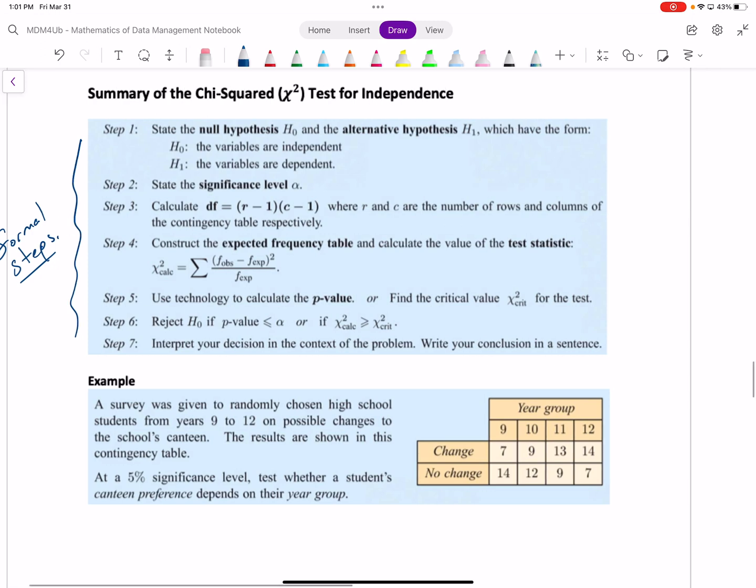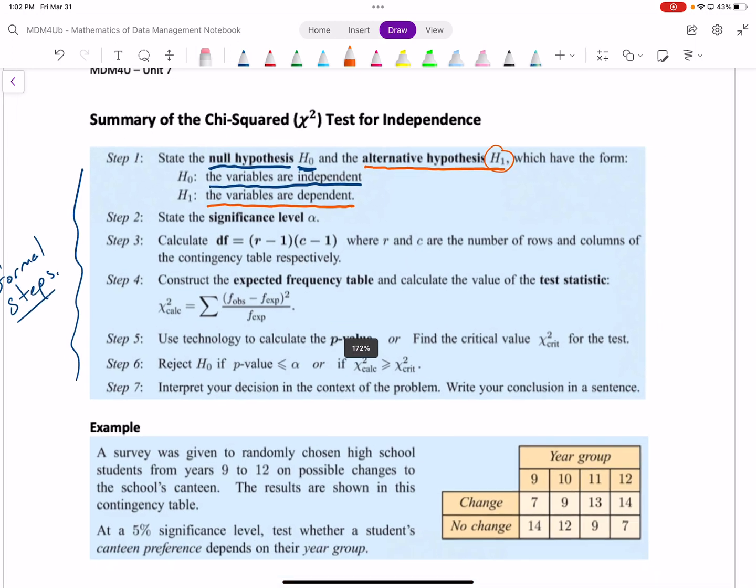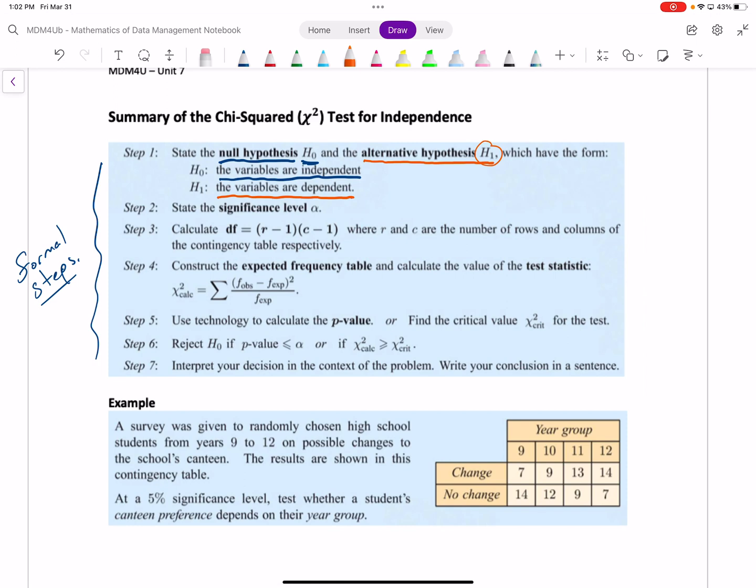And hypothesis testing is always going to use this format for chi-squared tests, which says my null hypothesis, which is given this notation of H sub 0, which is what I'm testing this for, is that the two variables are independent. Conversely, my other hypothesis, which we call the alternate or alternative hypothesis, is H sub 1. And it will always be that the variables are dependent. And that's how we're going to classify them. Everything else in between, I'm not too worried about. We're going to do them logically.